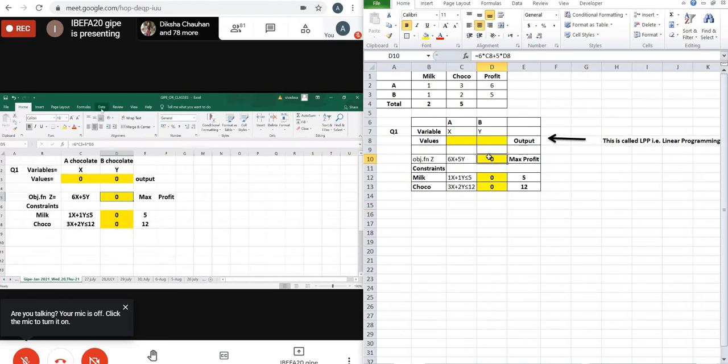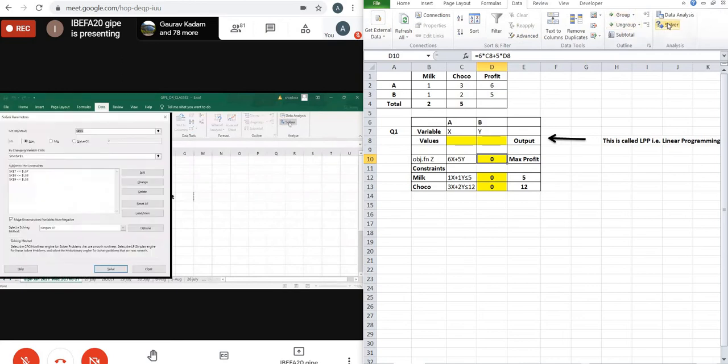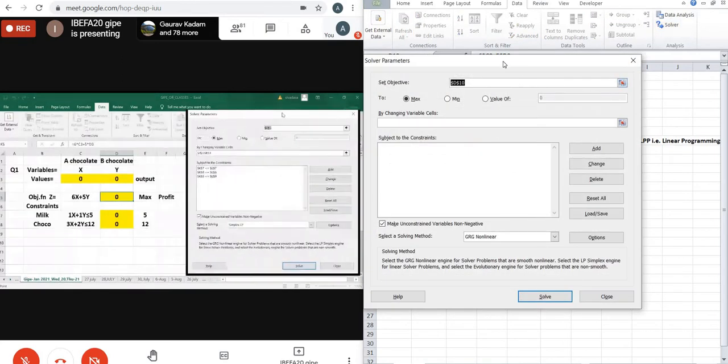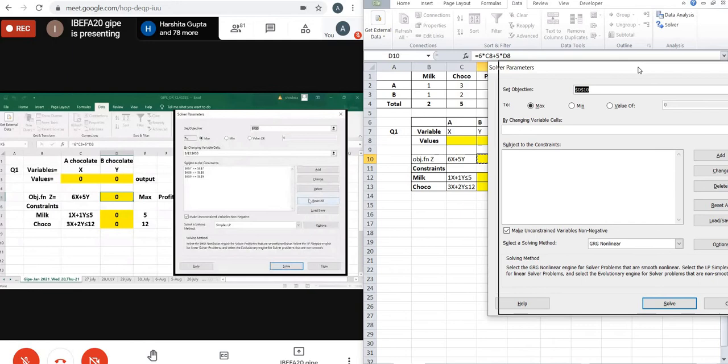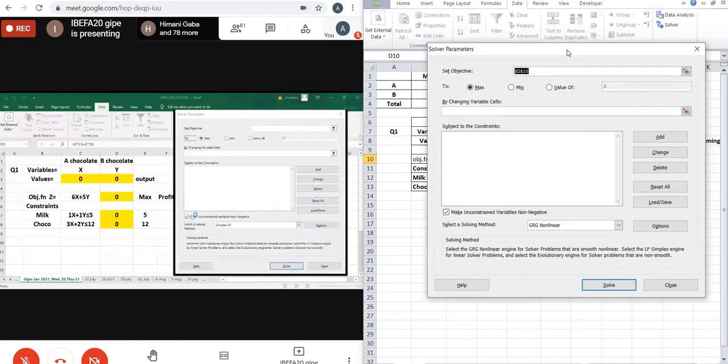So in data, last time I told you, take solver. This is the dialog box.